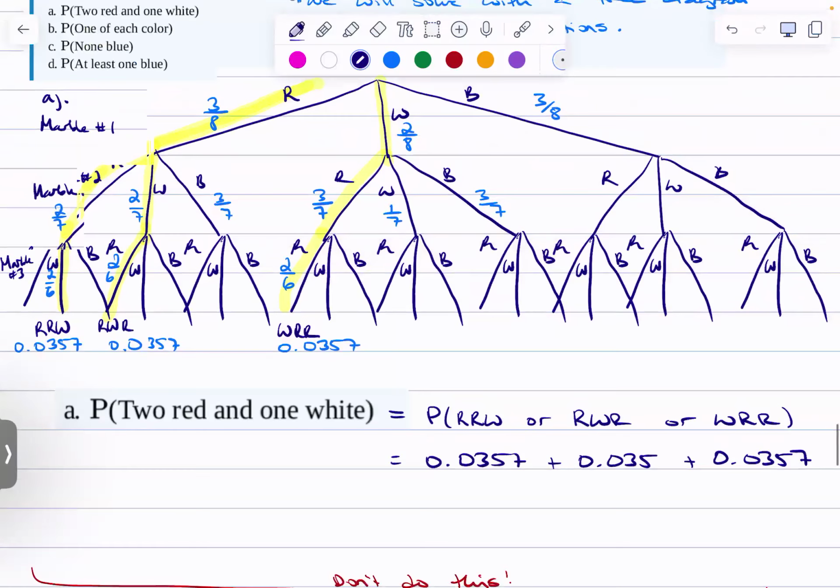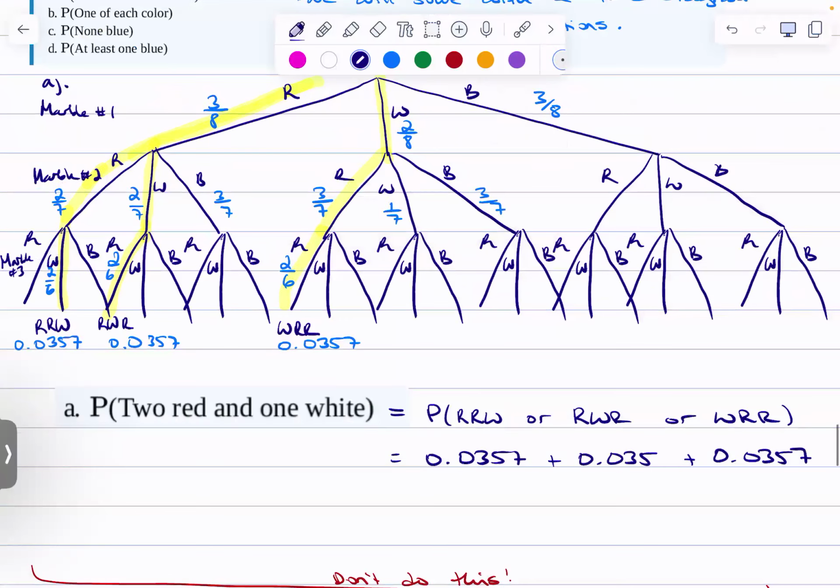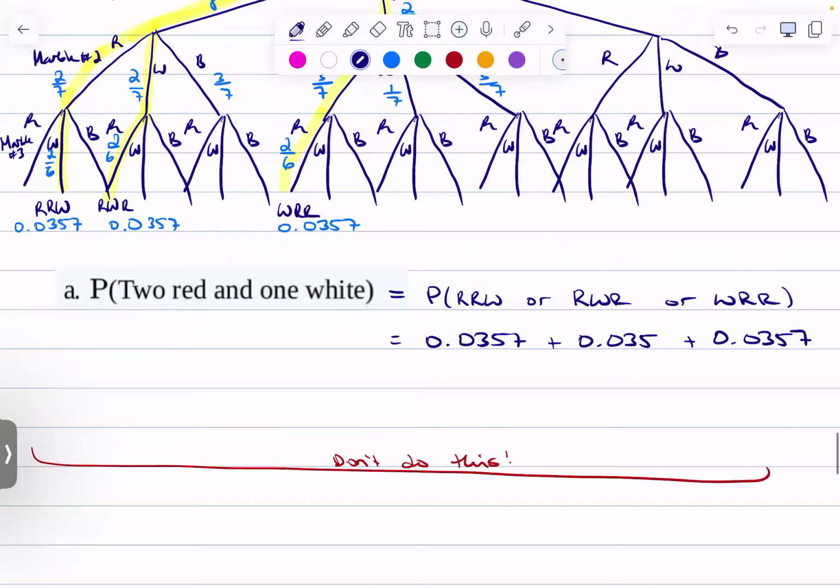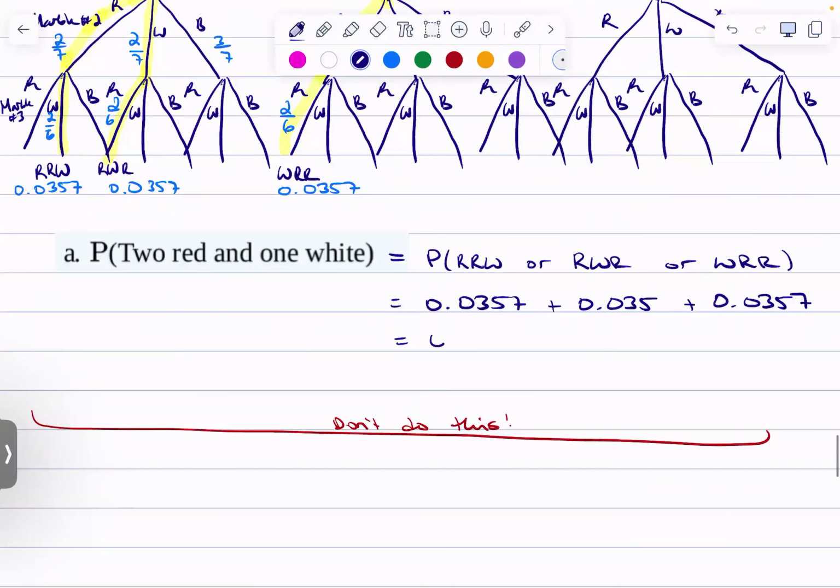Did I miss any combinations? No, no. All right. 0.0357 times 3. I get a probability of 0.1071.